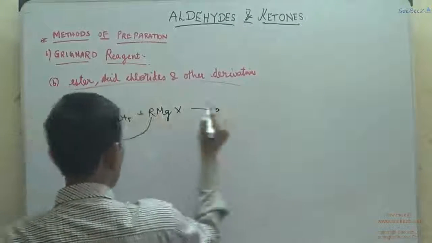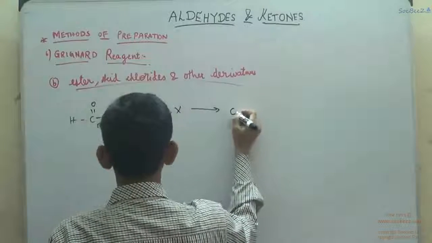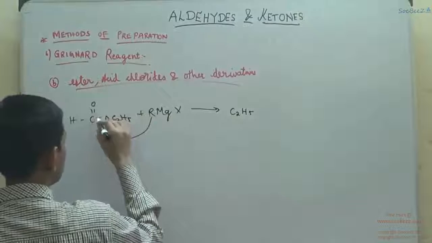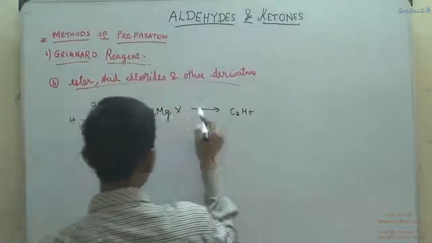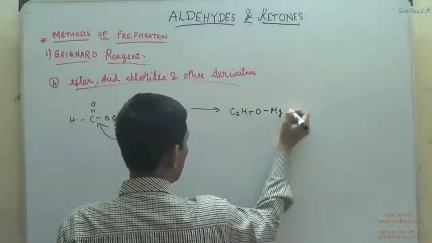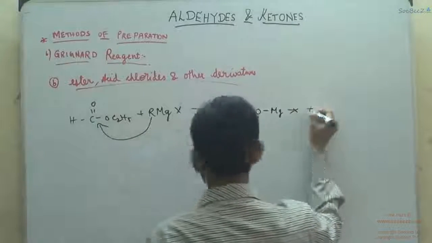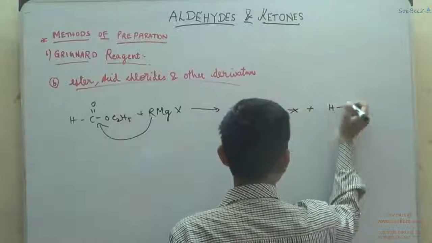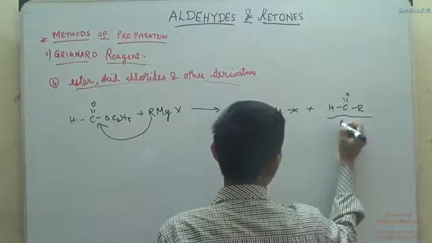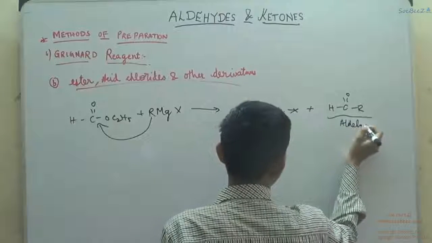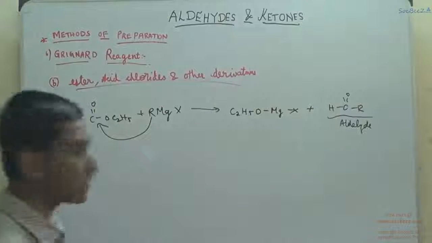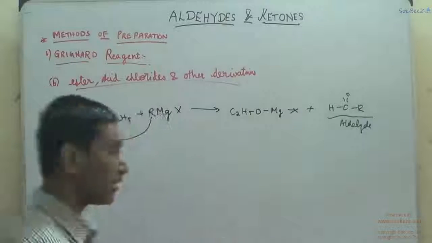This part leaves and you will get C2H5O MgX plus you get HC double bond O R. So this is your aldehyde. From formate ester you will get your aldehyde.